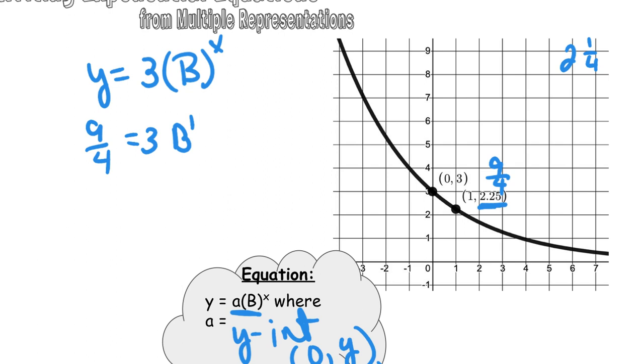Okay, now how do we solve that? We can multiply both sides by what? Well, if I multiply by 3, I'm going to end up with 9b. I want to get b by itself. How do I make the 3 go away?